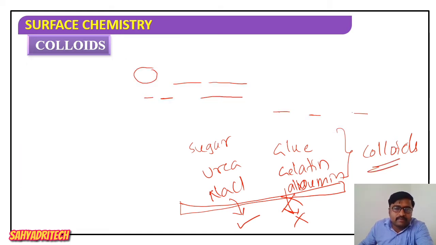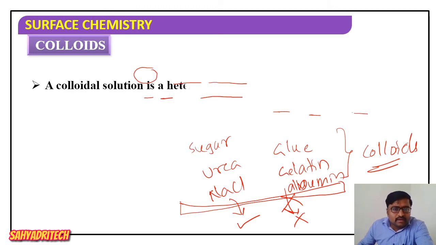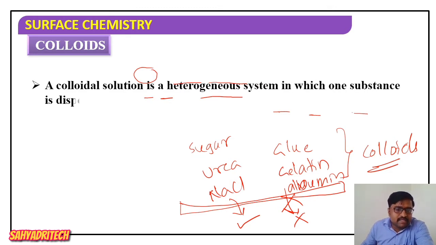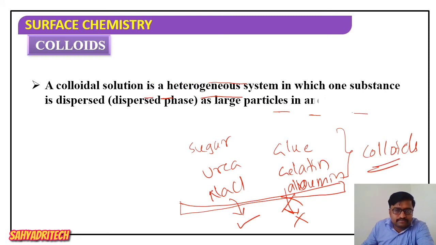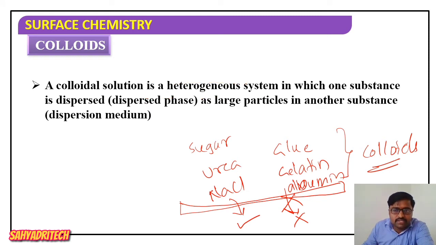Now a colloidal solution: if I consider sugar, urea, NaCl, what type of solution is it? It is a homogeneous mixture. But what about glue, gelatin, albumin? They are heterogeneous mixtures.